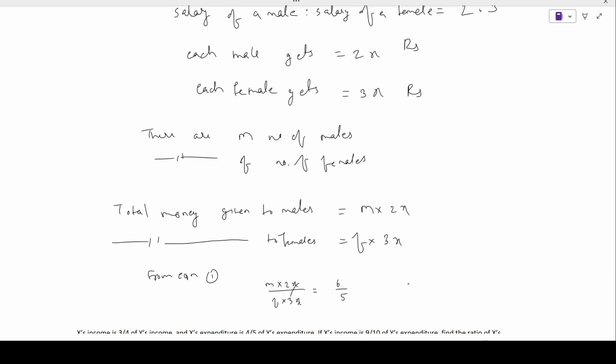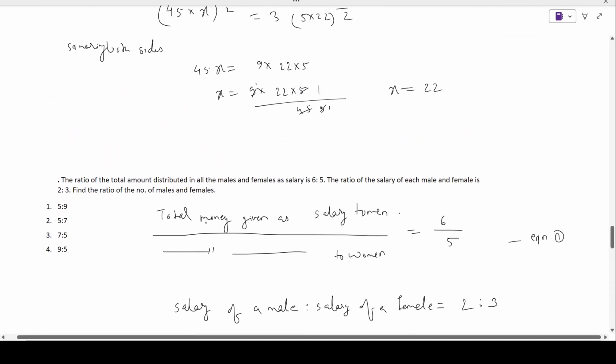So we have m upon f, that is male to female ratio, is 6/5 into 3/2, that is 9/5. So the correct answer will be option number 4. Male to female ratio is 9/5.